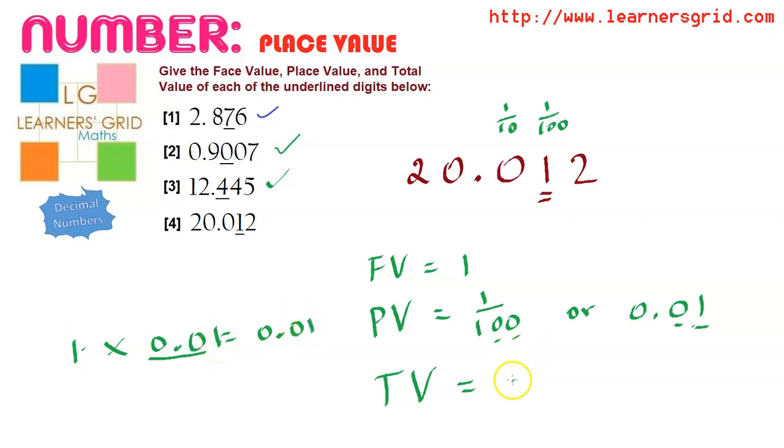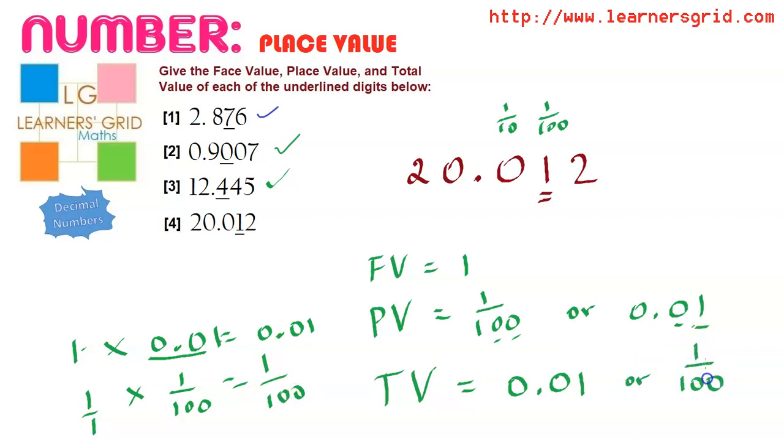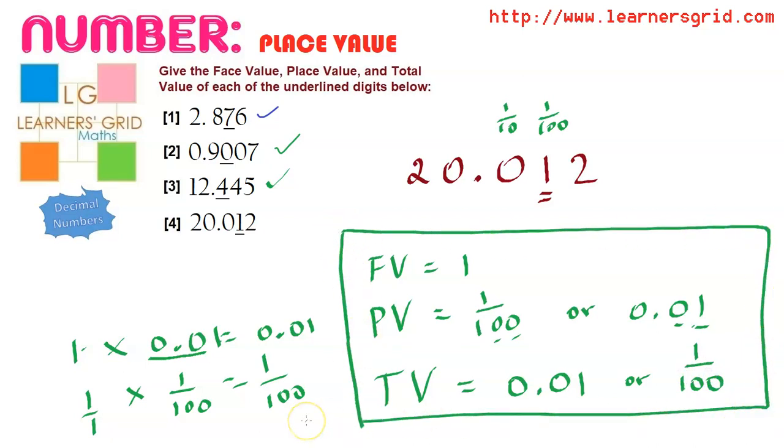So the total value can be expressed as 0.01, or I can go 1 times the fraction, so it'll be 1 times a hundredth, convert the whole number into a fraction, and then say numerator times numerator is 1, denominator times denominator is 100. And so I can also write it as a fraction. And that is pretty much all there is to it.